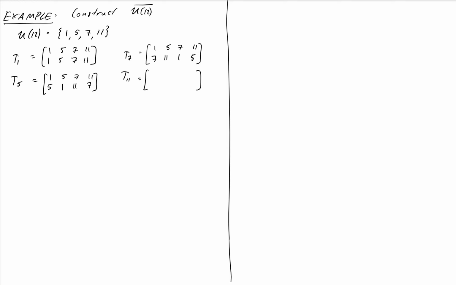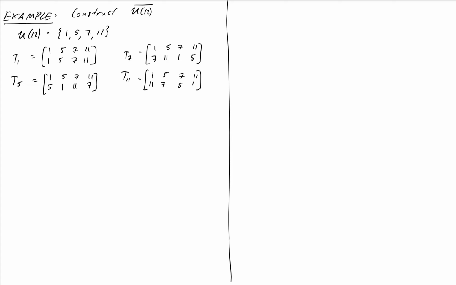Finally, we'll do the same exercise for 11. 1, 5, 7, 11. 11 1s are 11. 11 5s are 55, which boils down to being 7. 11 7s are 77, which as we said before was 5. And finally, 11 11s are 121, which is 1 more than 120, a multiple of 12, so that's 1. Okay, so these are the 4 permutations that form the left regular representation of U of 12.